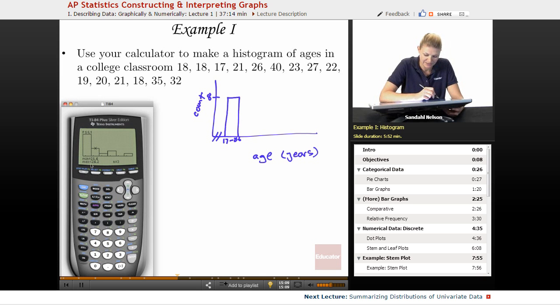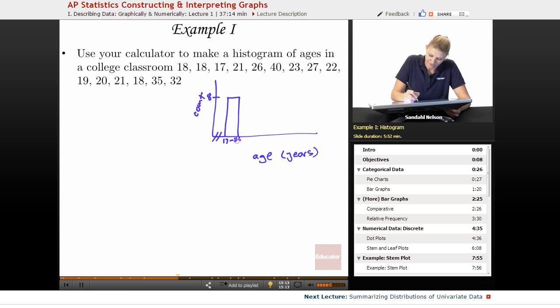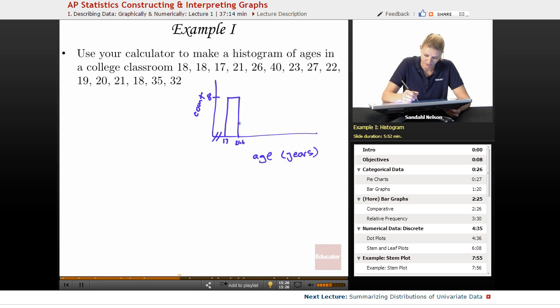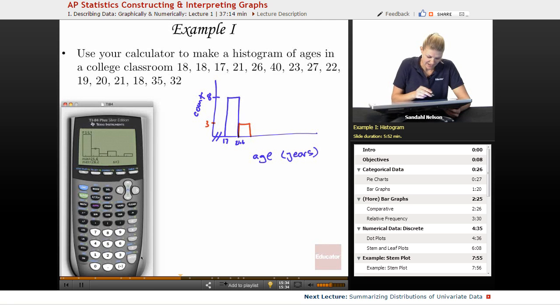So this is 21.6 to 26.2, and actually it might be a little easier because I made this a little smaller than I meant to, that we'll just mark that this is 21.6. Okay, so then we see that this is 3, so it's going to be a lot smaller. And it's really important to try to make them the same width. Okay, then that goes to 26.2.